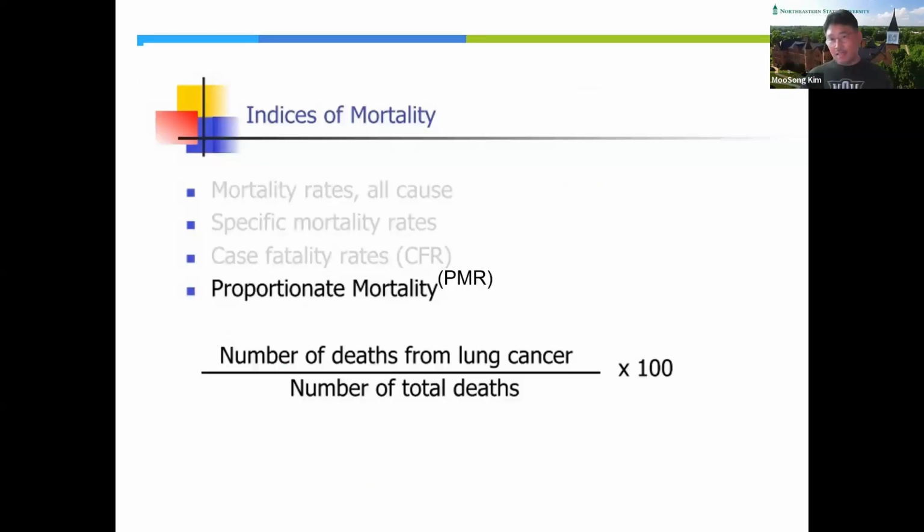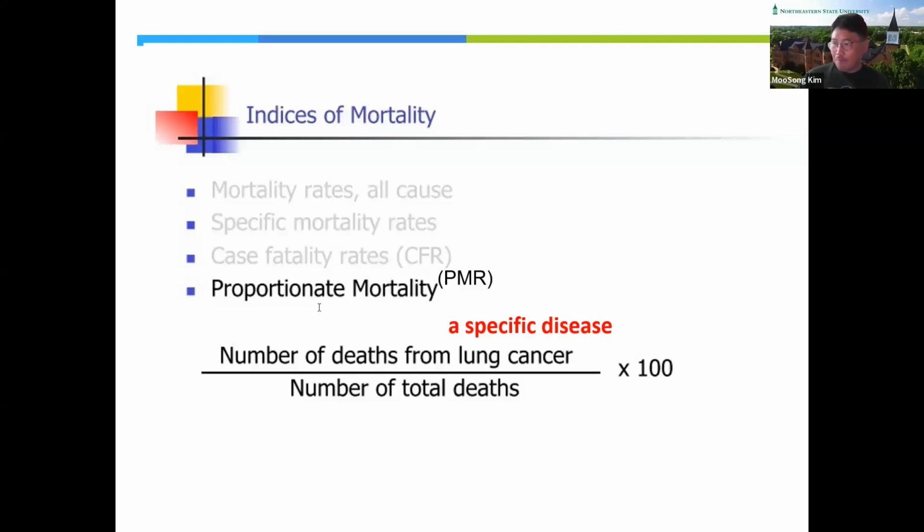And then the last mortality rate that we are going to talk about is proportionate mortality rate. So proportionate mortality rate is the number of deaths from a specific disease over the total number of deaths, and times 100.